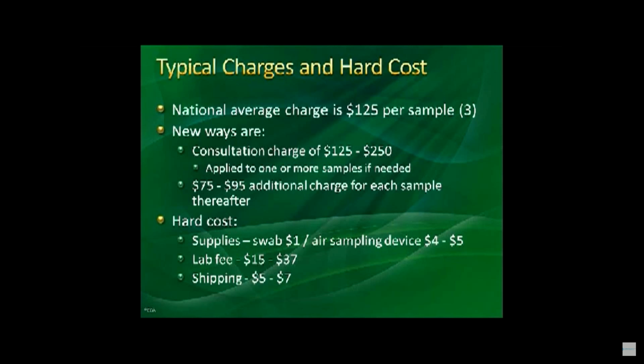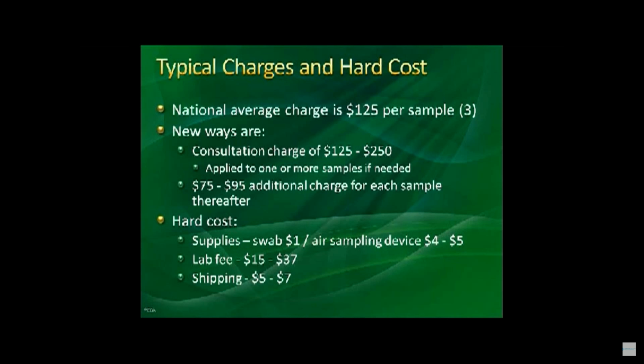What are your hard costs? Swab, $1. Air sampling device, $4 to $5. Lab fees, depending on who you use, can be as low as $15 to $37. And then figure your shipping costs. Some labs will pay shipping. Some labs do not. You have to discuss this with the lab of your choice.